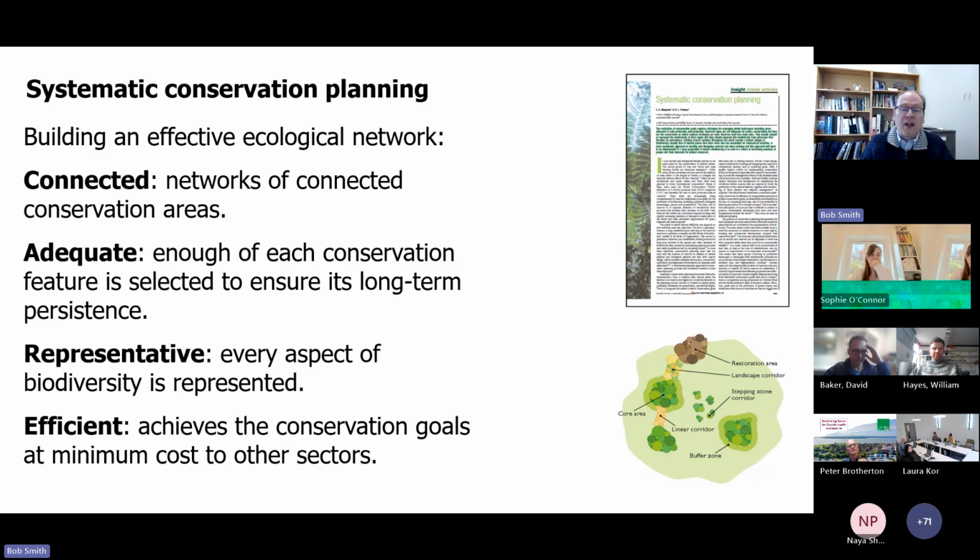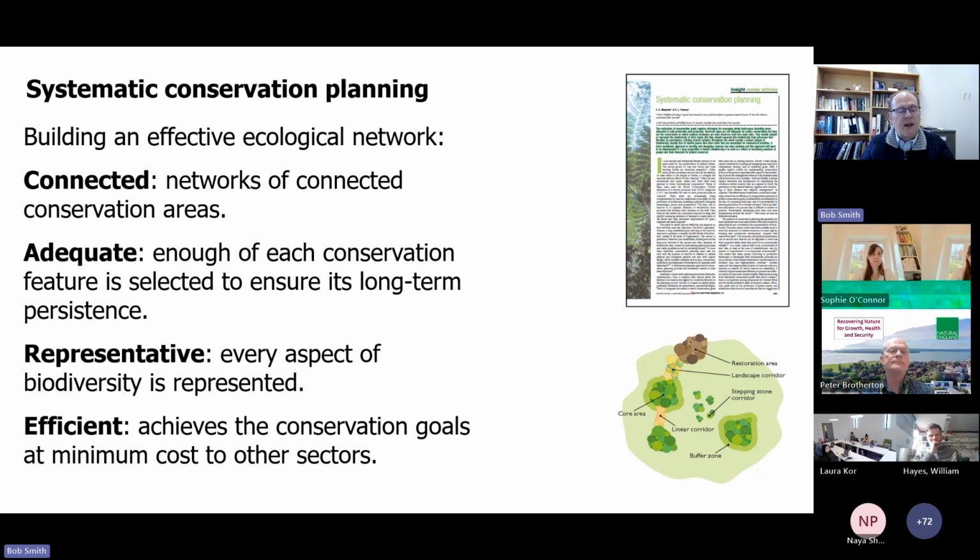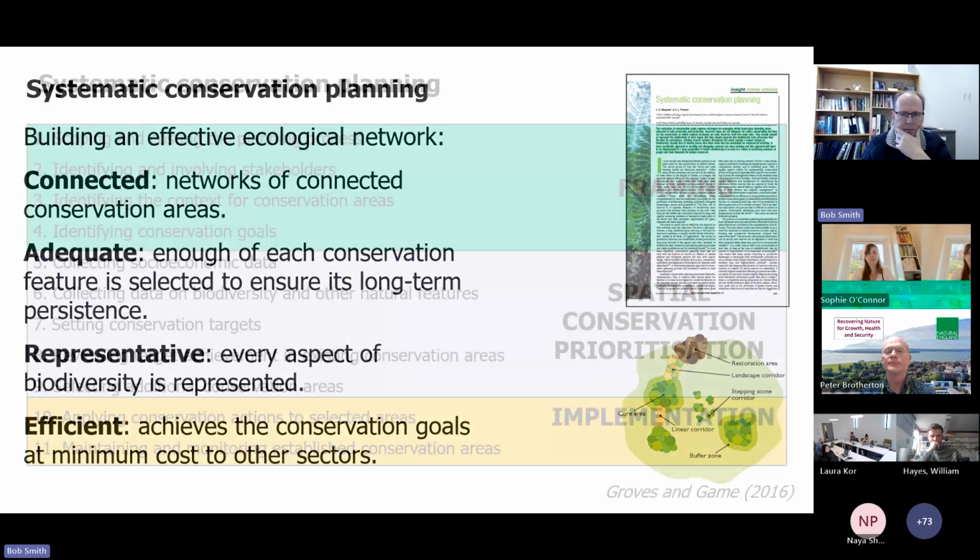We want it to be representative, so we want every aspect of biodiversity to be represented in our networks of areas that we're managing for nature recovery. And also we want it to be efficient. We recognise that conservation of nature is only one land use, and we need to account for all the other land uses and sea uses when we're making these plans.